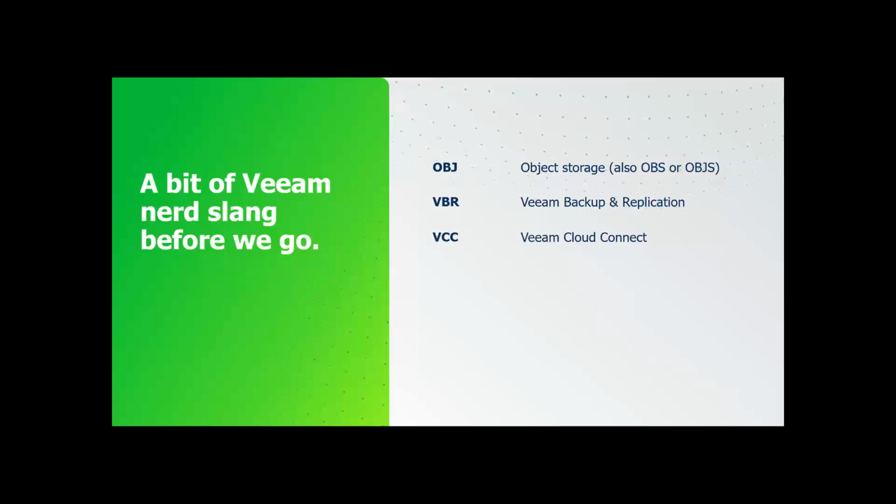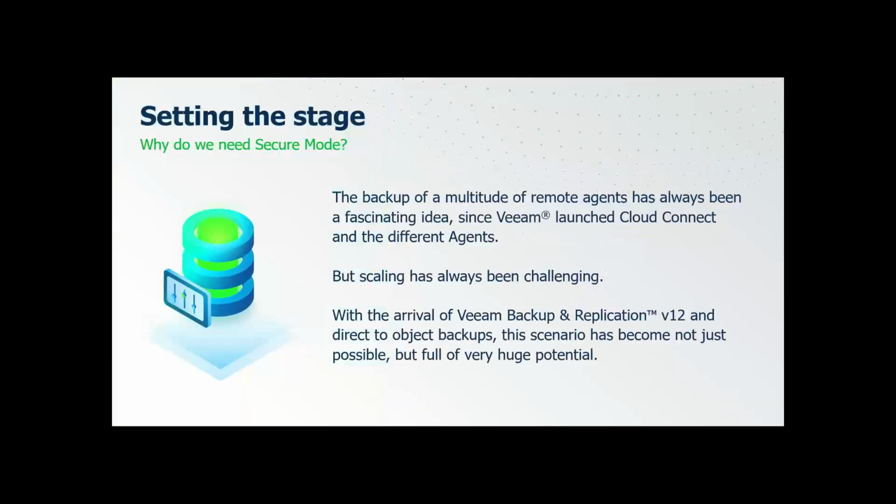We will talk about how to use the object storage in both Veeam Backup Replication Server or in Veeam Cloud Connect. And we will also talk about how to do direct to object, which you will see later what it is. To do this, we will also talk about some cloud-specific information, like, for example, the identity and access management options we have. With this, let's set the stage.